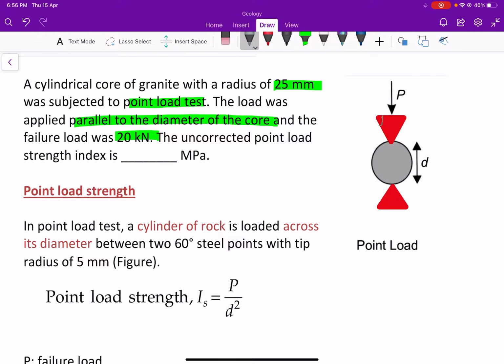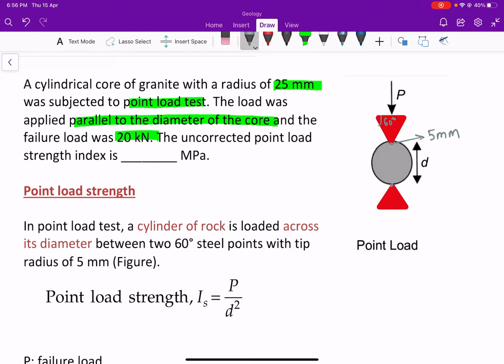This is the 60-degree steel point with a tip of radius 5 millimeter. The radius of the tip is 5 millimeter in both cases.